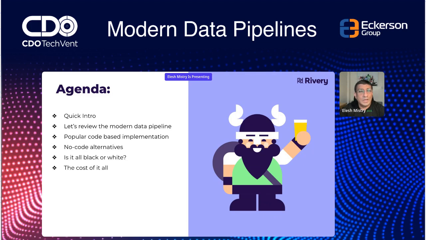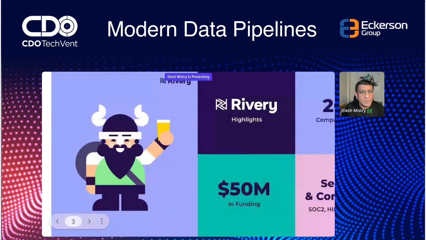If I can work out how to share my screen, I'll give a quick overview of Rivery there. Finally, we'll have a quick Q&A, and you can reach out to me later, or we've got a booth session where we can talk about the advantages and disadvantages of using something like Rivery.